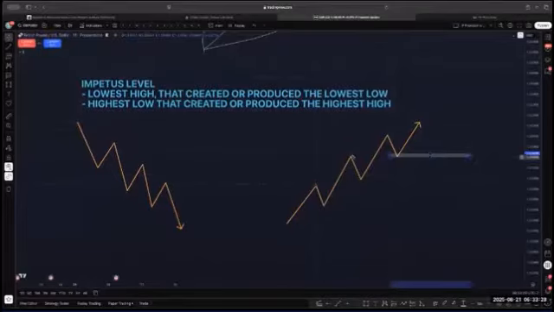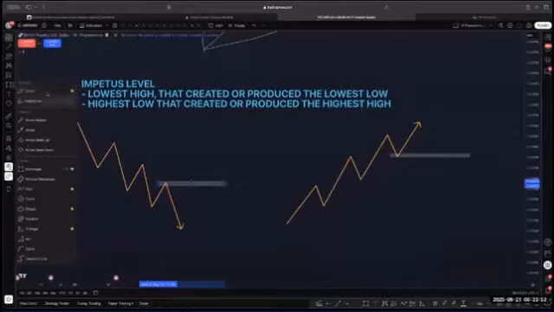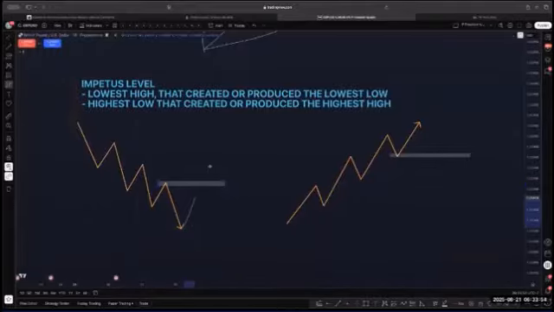We have highs, highs, highs. We have highest high. Okay, so these are higher highs, but this is our highest high, right? This is what we call our impetus level. And the reason we call it the impetus level is because breaking this is the impetus, right, for a new direction.